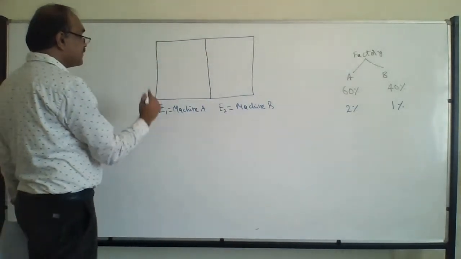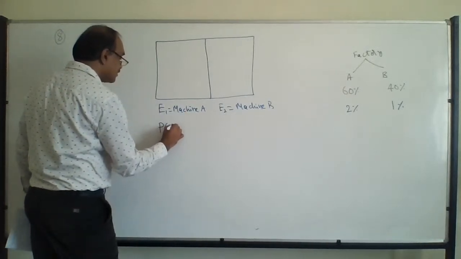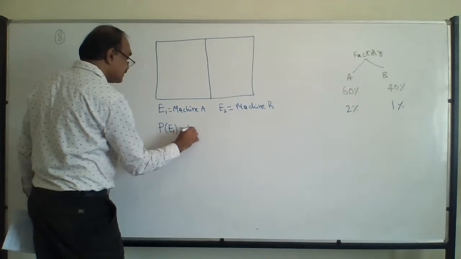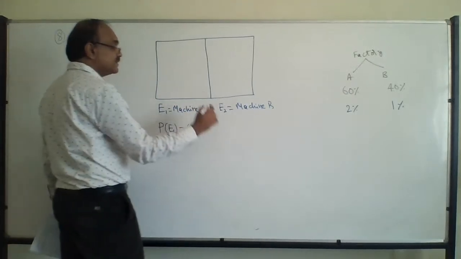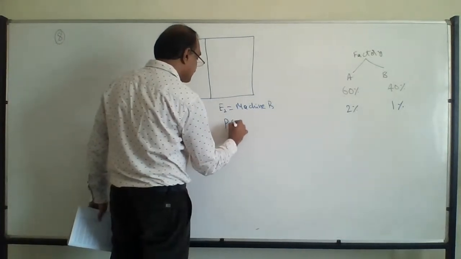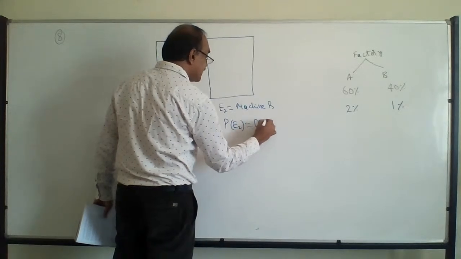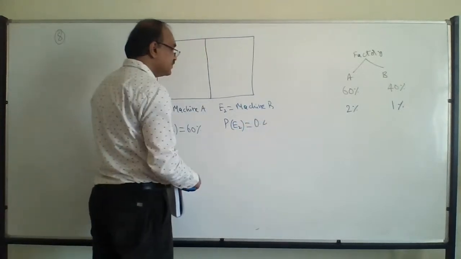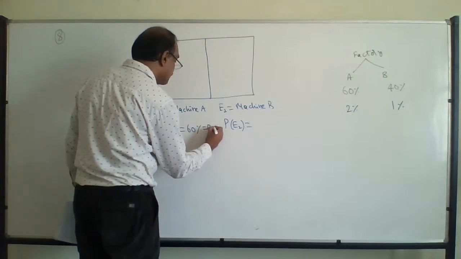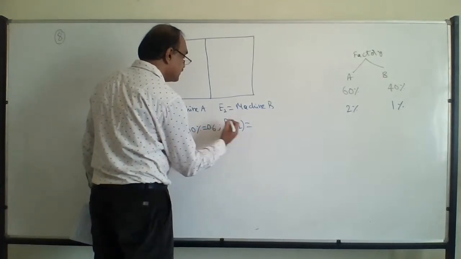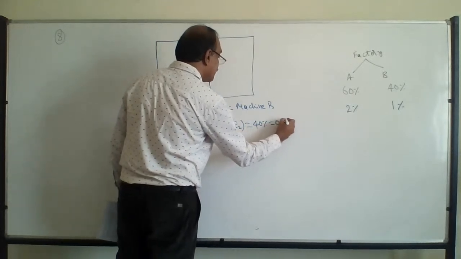How many products are produced by machine A? That is probability of E1, 60%. You can take decimal 0.6 or percent. Probability of E2, it is given, that is 40%, 0.4. Okay, we'll take decimals. 60% means 0.6. Probability of E2, 40% means 0.4.